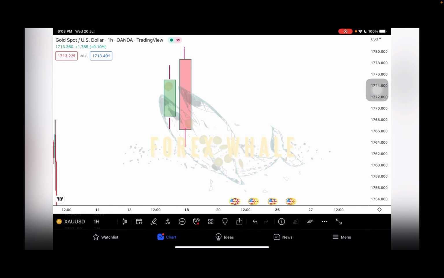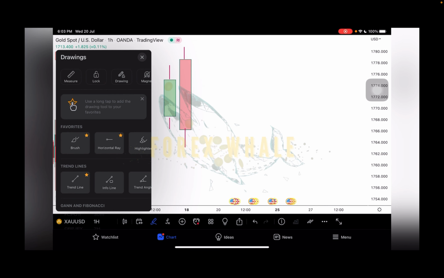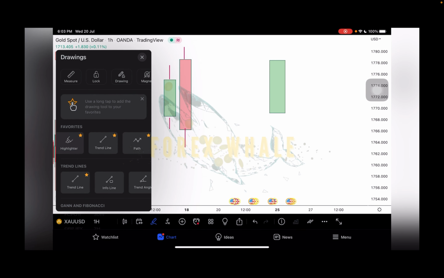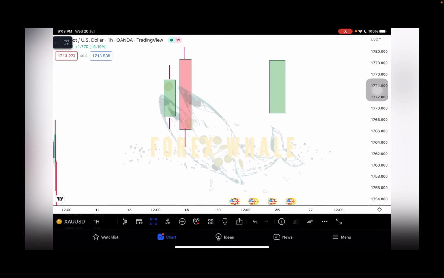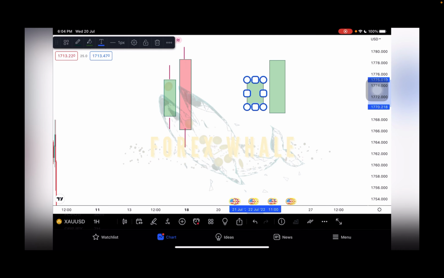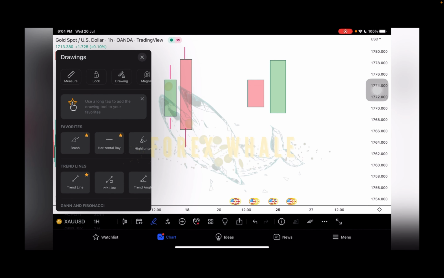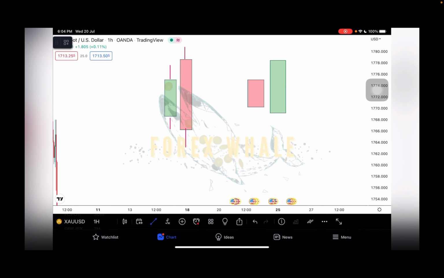I'll draw another one. Same thing, same concept. This is a bullish engulfing. Normally you would see this candlestick formation at the very peak and at the very bottom of the chart.